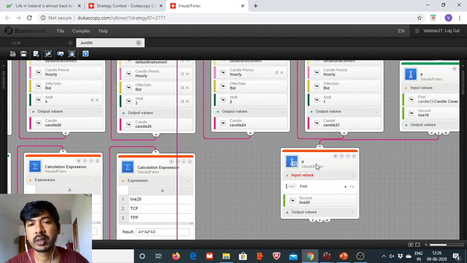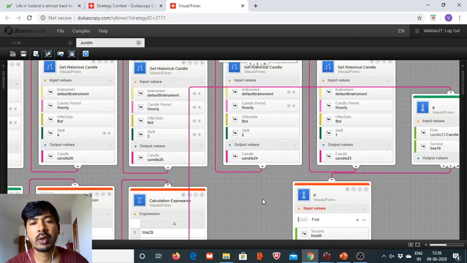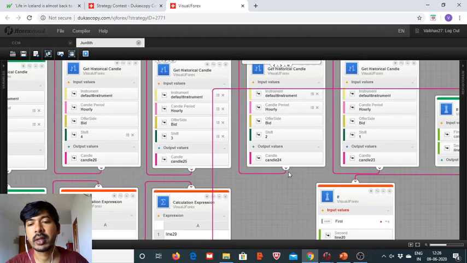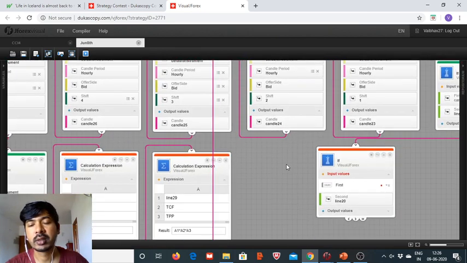and then comes the shift 2 candle 24, which should have closed lower than line 20, which is the TSF value with shift 2.